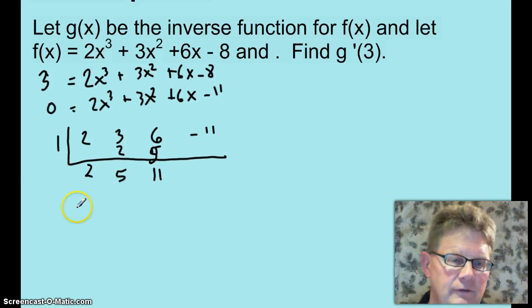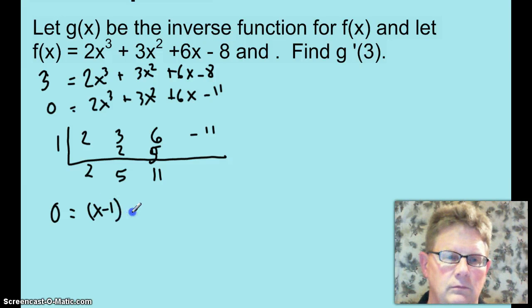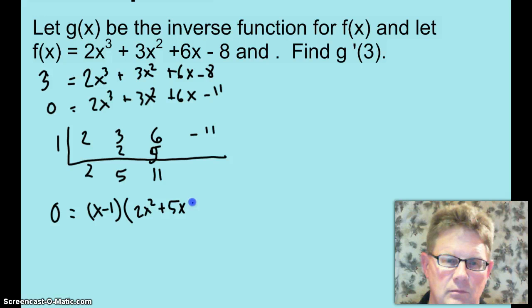So let's see here. We've got 0 equals x minus 1 times 2x squared plus 5x plus 11. Okay, again, b squared minus 4ac, the discriminant, that would be 25 minus, wow, 88.